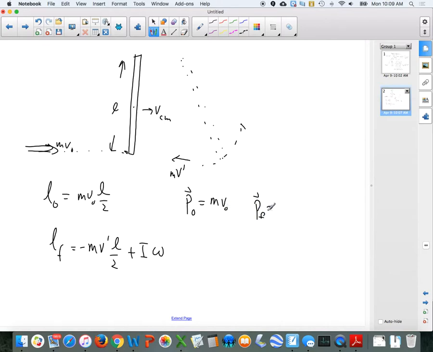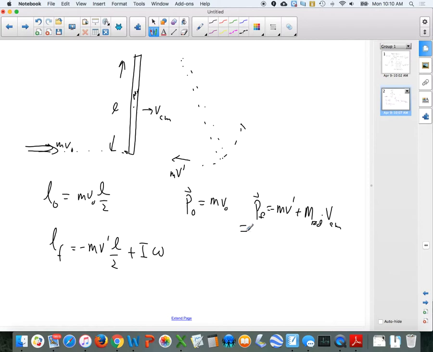P final is going to be m v prime, minus sign because it's going to the left, plus mass of the rod times its center of mass velocity. And these two are going to be equal.